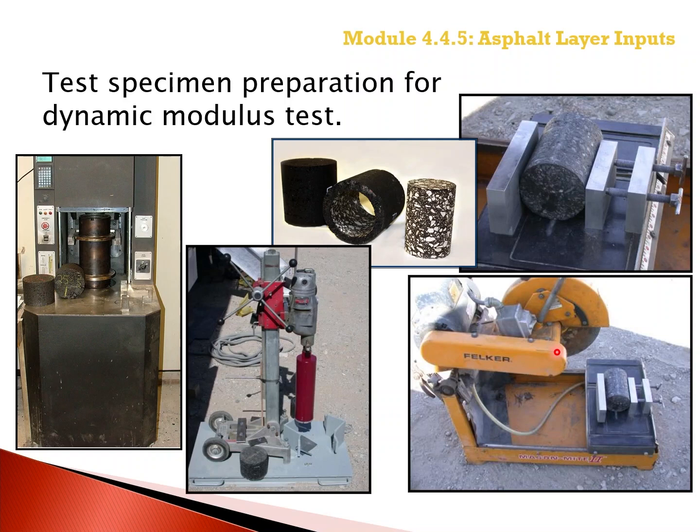Air void levels increase toward the outside of the gyratory cylinder, so getting the test specimen from the interior reduces the variation in air voids throughout the specimen. Again, the air voids used for measuring dynamic modulus and the other strength and response properties of the asphalt mixture should represent the time of construction.